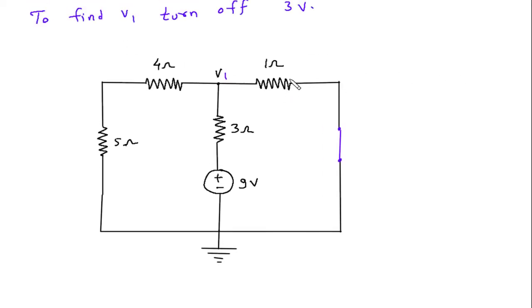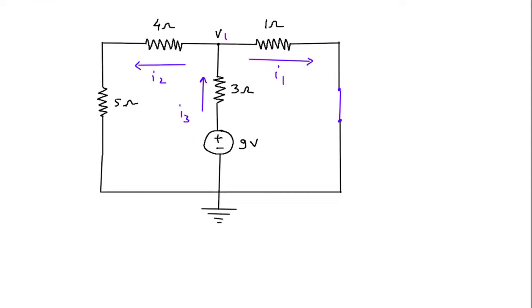Now if we apply nodal analysis, then let's say this is current I1, this is current I2 and this is current I3. If we apply KCL here, the summation of all the entering current at this node is I3.